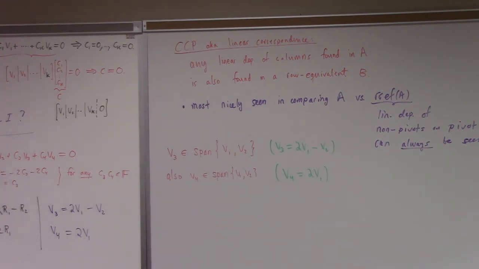Well, to check that for a given set, you'd have to check each vector one at a time to see, is it a linear combination of everything else in the set, right? And then you have to go to the next vector and check, is it a linear combination of everything else in the set? And the next vector? I mean, that would be awful to actually do computationally, right?